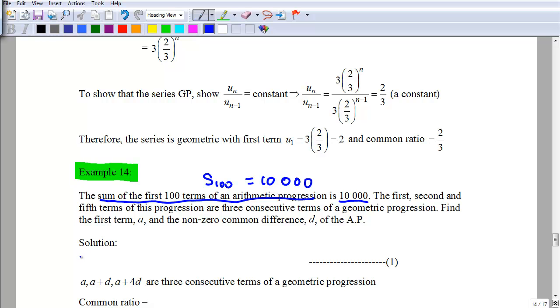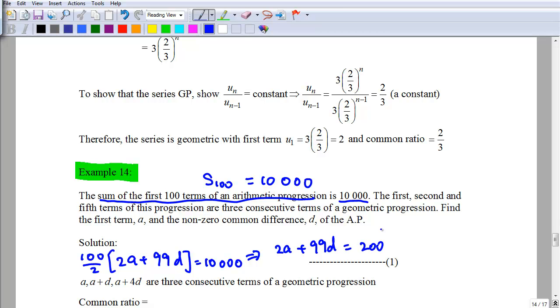Applying n as 100, we will have n over 2 times 2a plus n minus 1, that's 99d, equals 10,000. And when we simplify this, it gives us 2a plus 99d equals 200. So that's our very first equation.